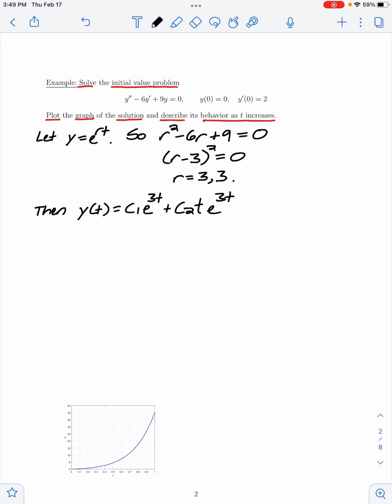And as we've seen in the earlier sections, to apply the second initial condition, we need to find our derivative, y prime, for this general solution.